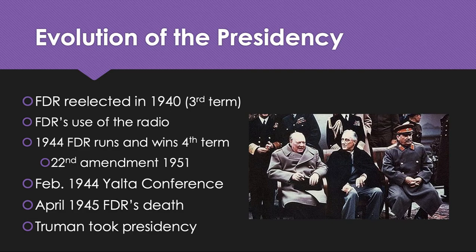So, what we're doing at Yalta is figuring out what to do with Germany after the war. We are going to divide Germany into four zones of occupation controlled by the United States, Britain, France, and the Soviet military forces. We're also going to see Berlin be split there as well into similar zones occupied by the Allied forces.